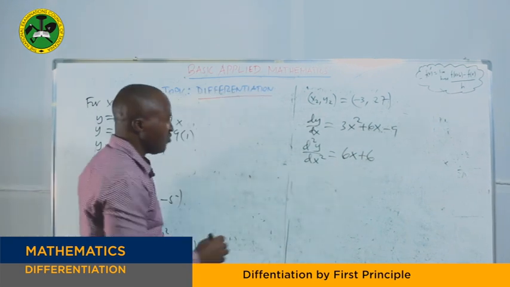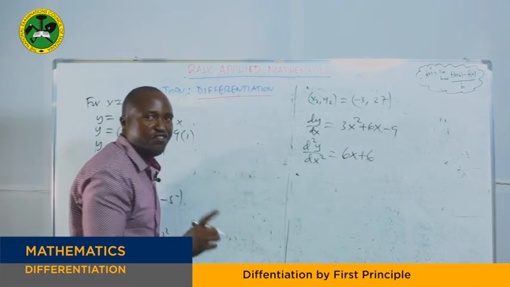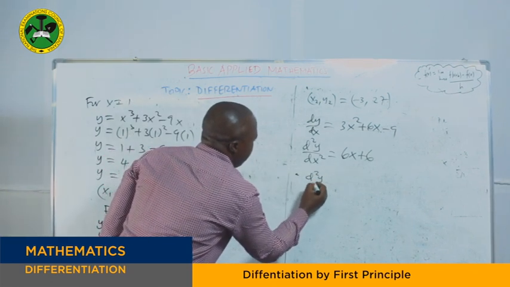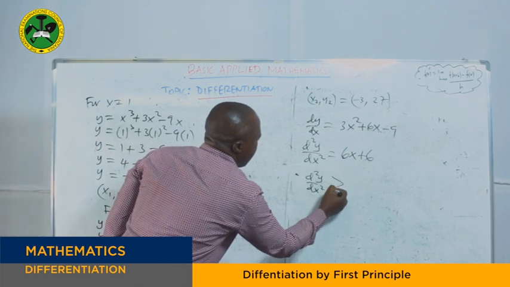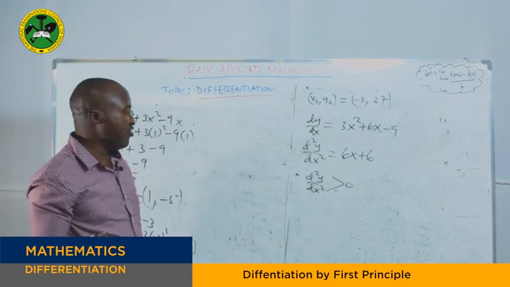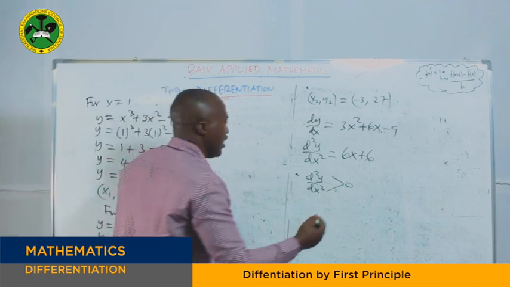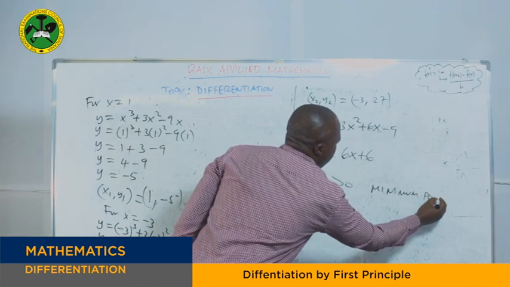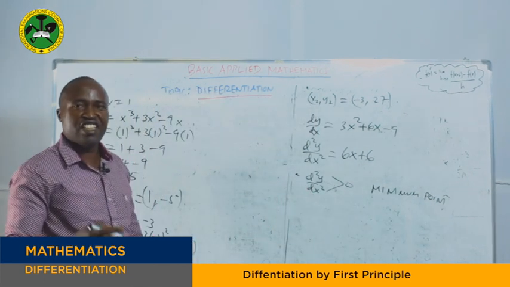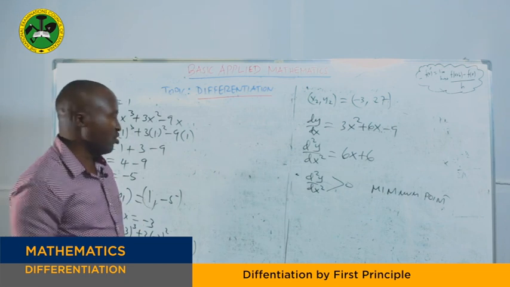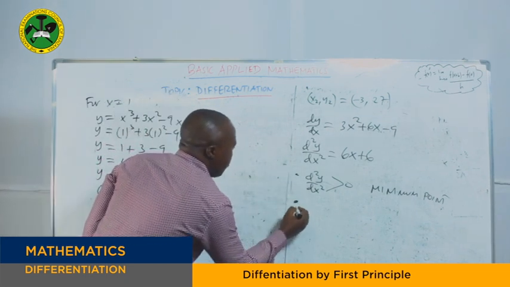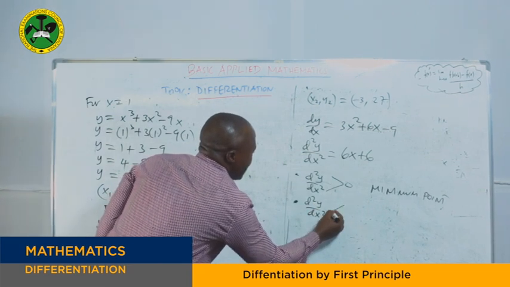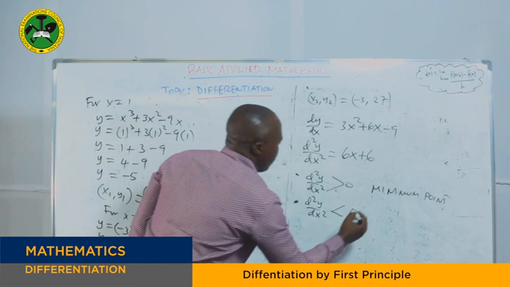Now, point to note: if the second derivative is greater than 0, we have the minimum point. But if the second derivative is less than 0, that is when we have the maximum point.